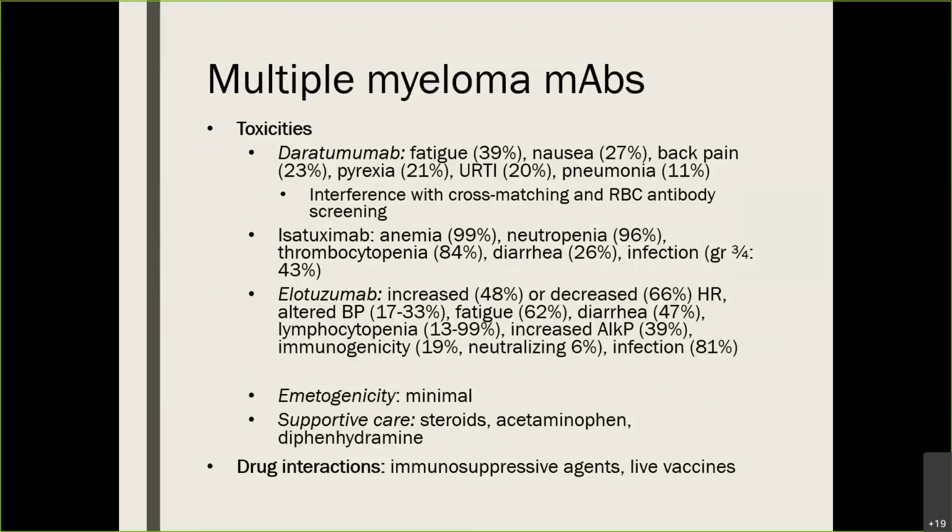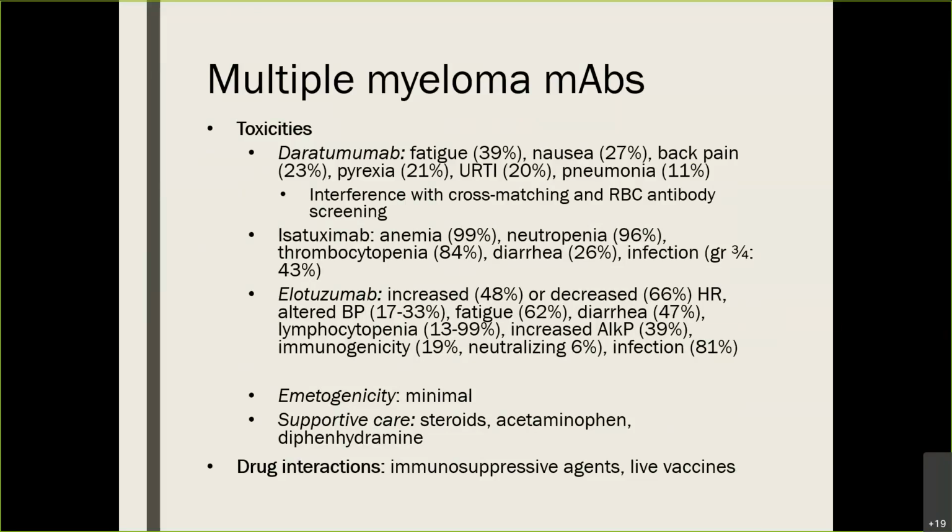We do have a lot of significant toxicities with these agents. Daratumumab, again, we talked a lot about its infusional reactions, but interestingly, it does interfere with cross-matching and RBC antibody screening. So if anyone's received daratumumab relatively recently, they need to have specific antibody screening processes in place if they're to receive red blood cell transfusions.